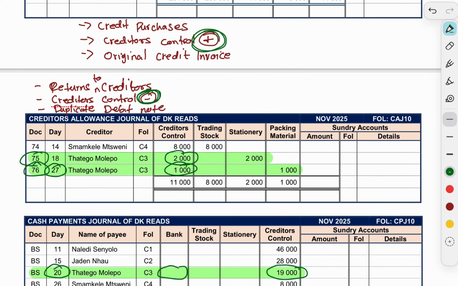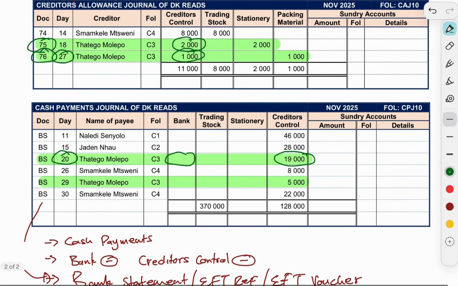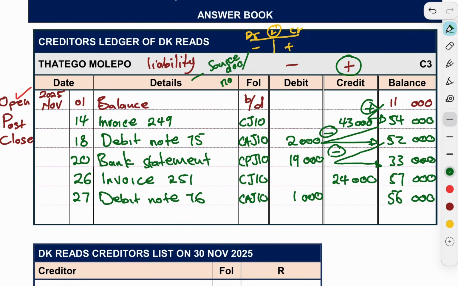And then the last transaction that we entered with Tatego Molepo is day 29. It's a payment that we made. So look at your creditors control column. Look at the source document as well. We made a payment of 5,000 to Tatego Molepo. So we are going to say day 29, bank statement.